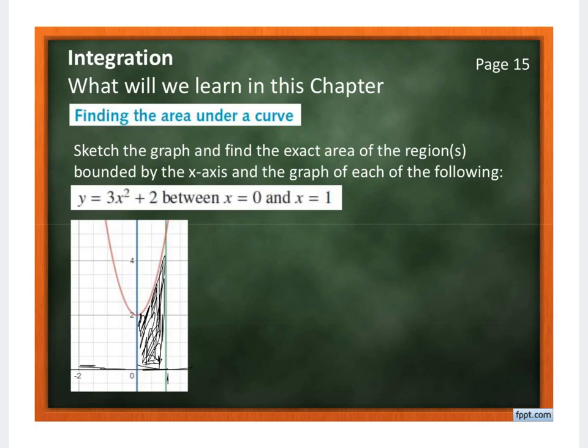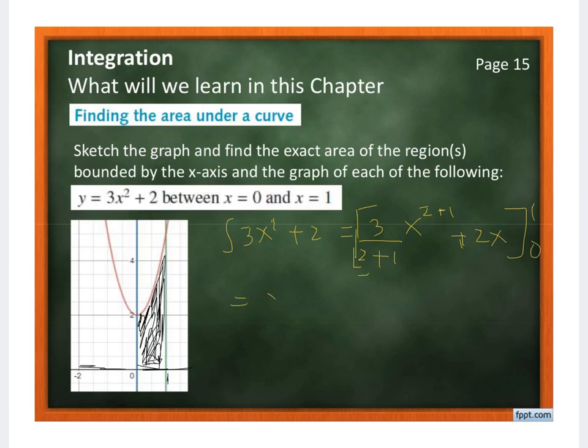To find the area, derivative of 3x squared plus 2 equal 3/(2 plus 1) x squared plus 1 plus 2x. The bounded is 0 to 1.